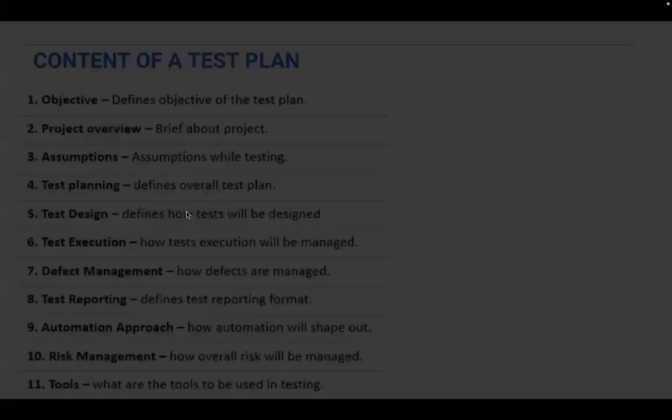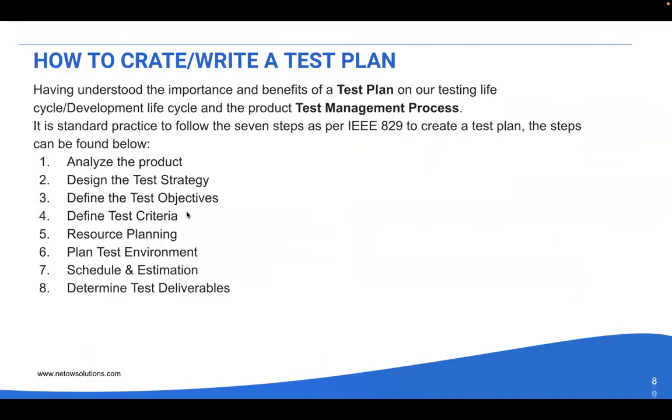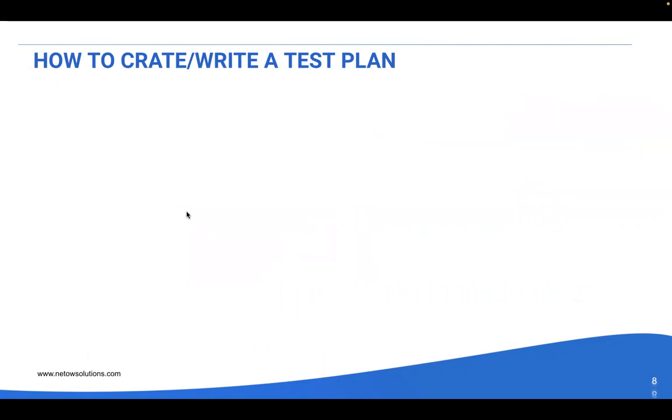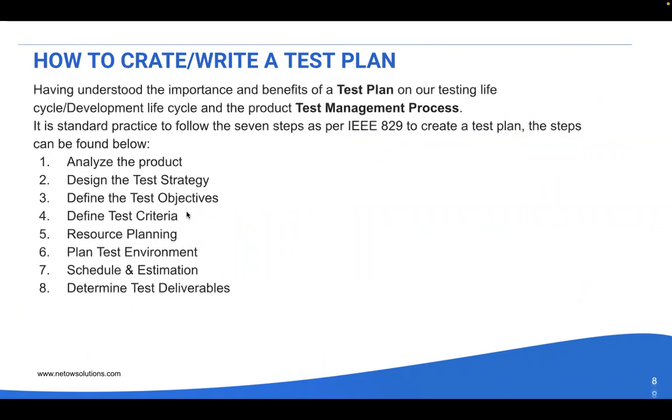So how do we create and write a test plan? All the things I mentioned above are basically what make up a test plan. So, having a good understanding of the importance of a test plan while testing in the software development life cycle: without a test plan, we just keep working anyhow.